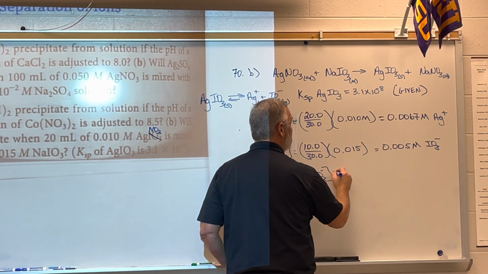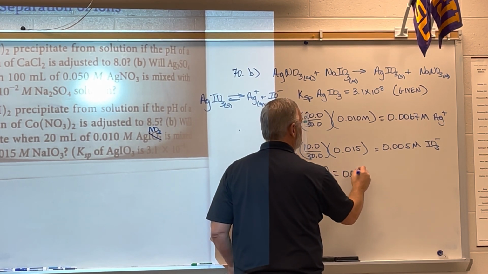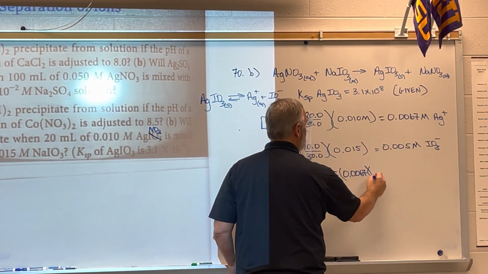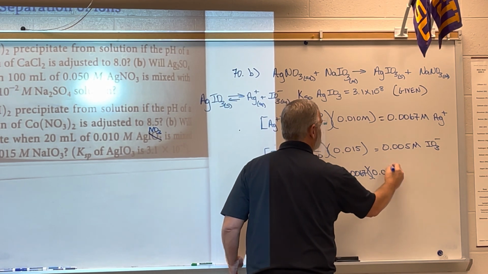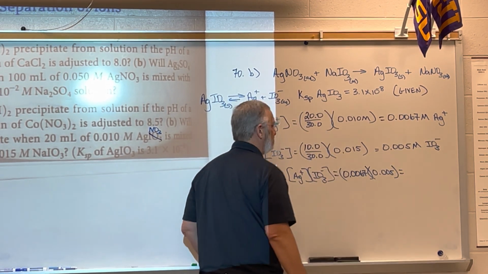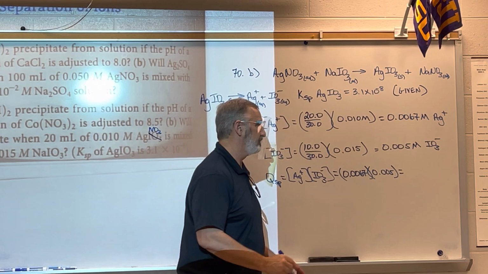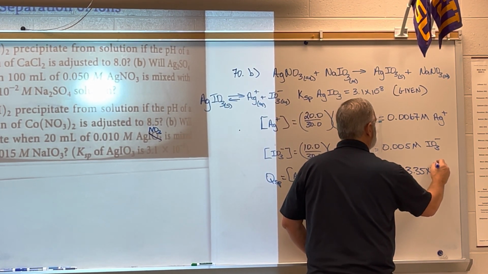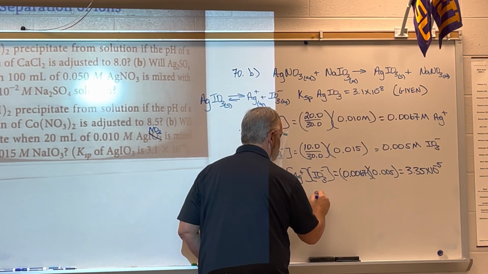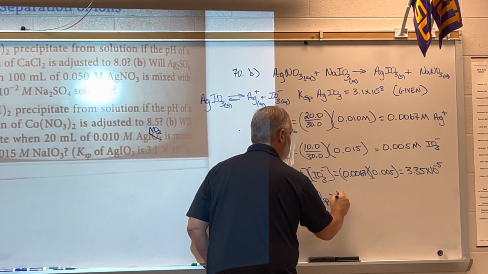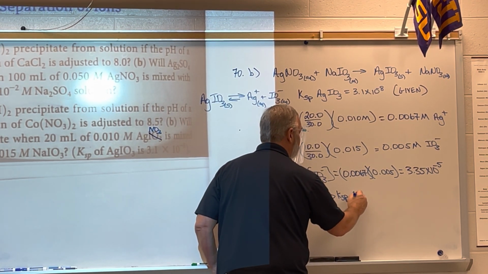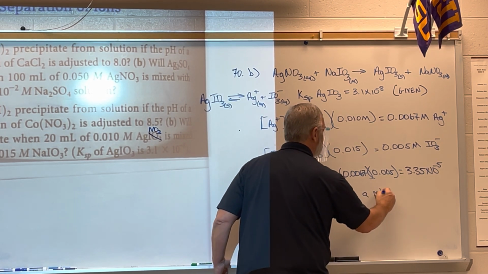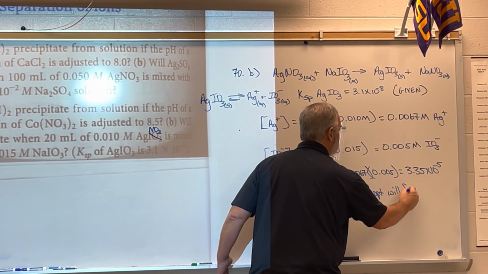So I'm just going to plug in 0.0067 times 0.005, and that equals what? 3.35 times 10 to the minus fifth. So Q is greater than Ksp, therefore a precipitate will form.